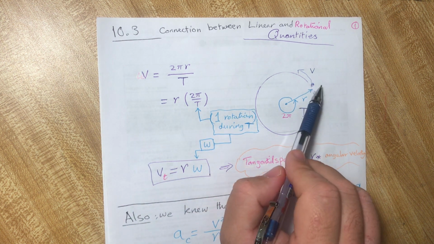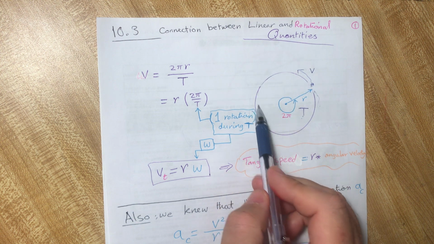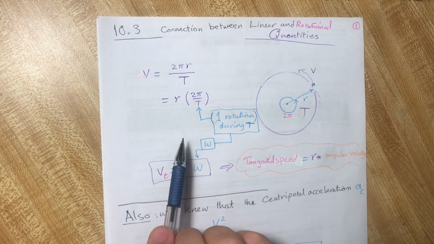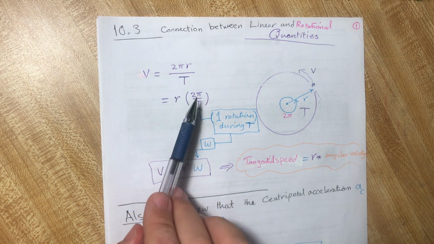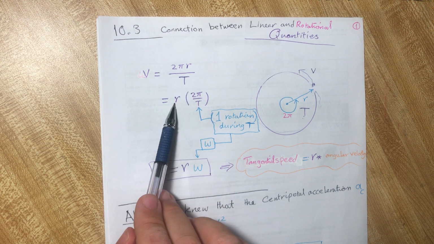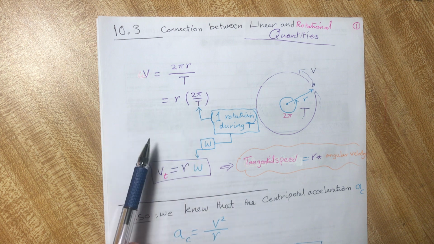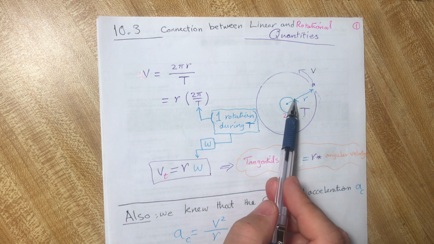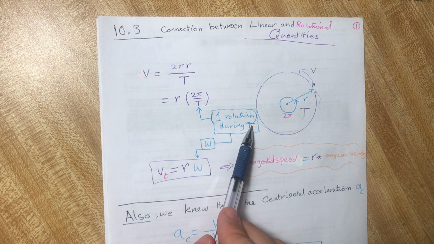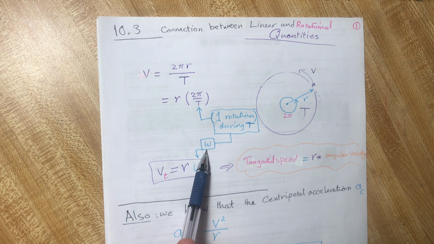The velocity is a vector, but here we have a tangential speed. The tangential speed is equal to 2πr over T. But if we take r out of this term, it will be r multiplied by 2π over T. 2π is the total angle, which is 360 degrees. This is one rotation during the total time T. We call this omega, the angular velocity.